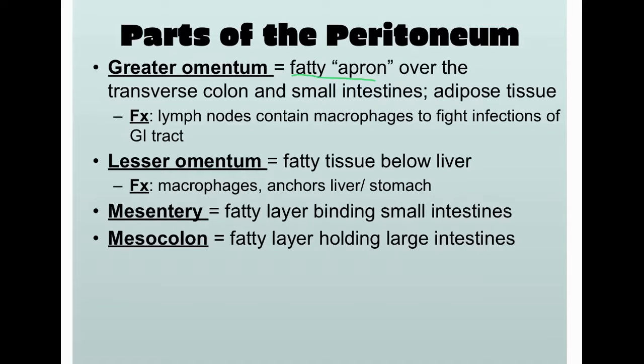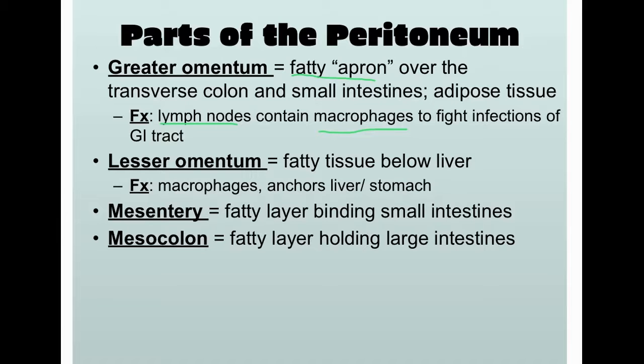It contains lymph nodes, part of the lymphatic system, which releases white blood cells called macrophages, and those are special cells that fight infections like bacterial or viral particles. Now you have the lesser omentum, which we don't go over quite as much.